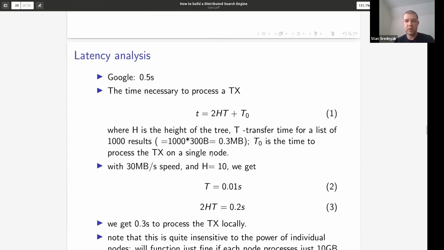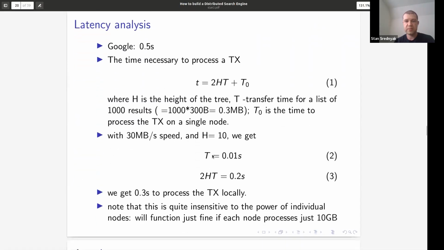Here are further details on our latency analysis. Here's the formula for the total latency of such an index. And the result of this analysis for a network with 30 megabytes per second speed, we get to about 0.3 seconds to process the transaction locally.